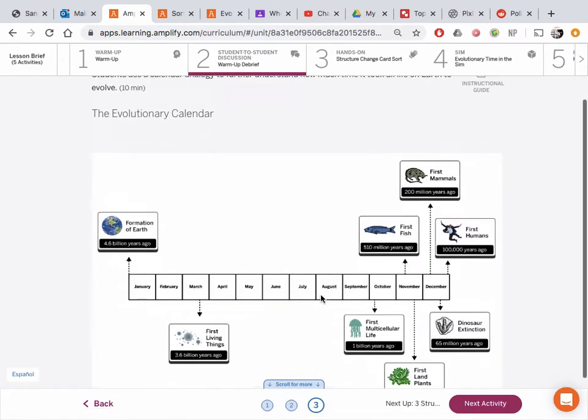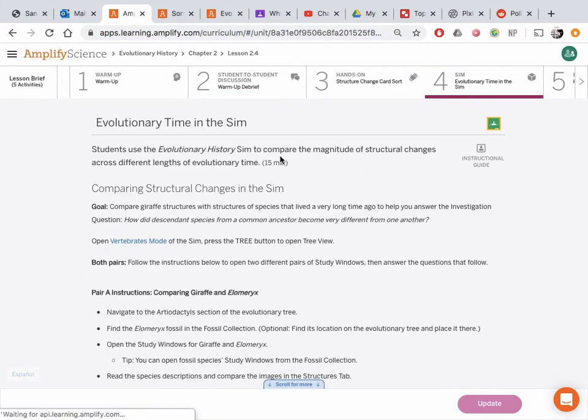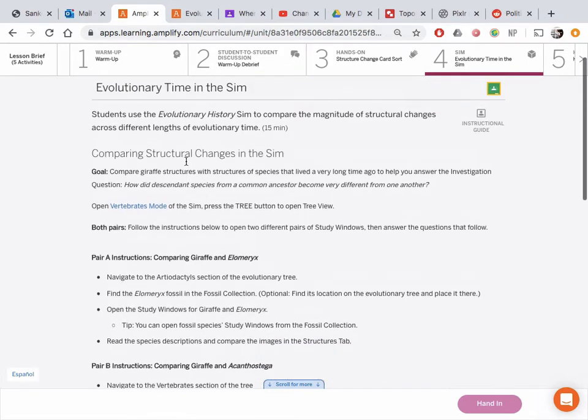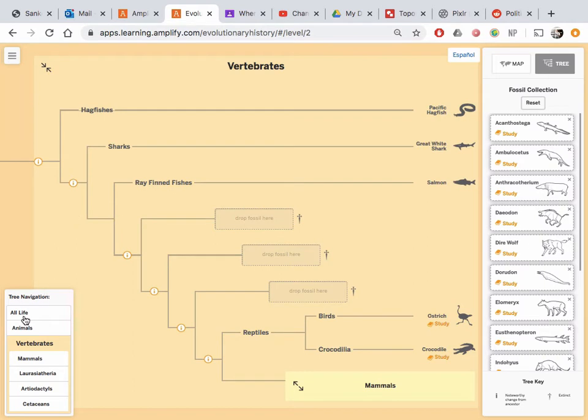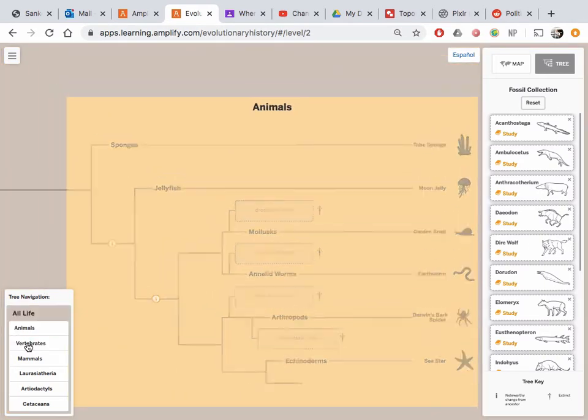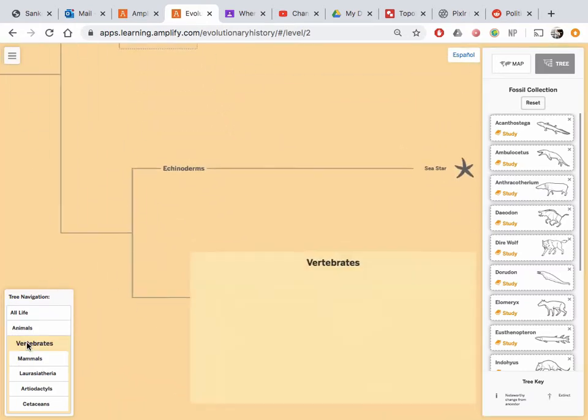So we actually went over this. Skip part 3. Let's go to the evolutionary tree. So I'm going to open vertebrate mode. So you're going to start here, all life, but click on vertebrates.